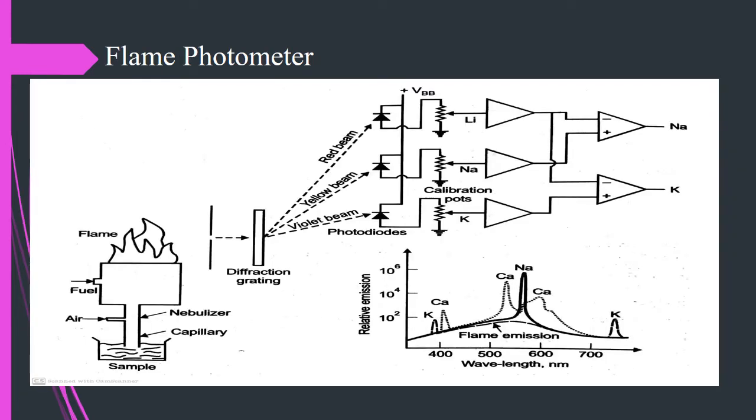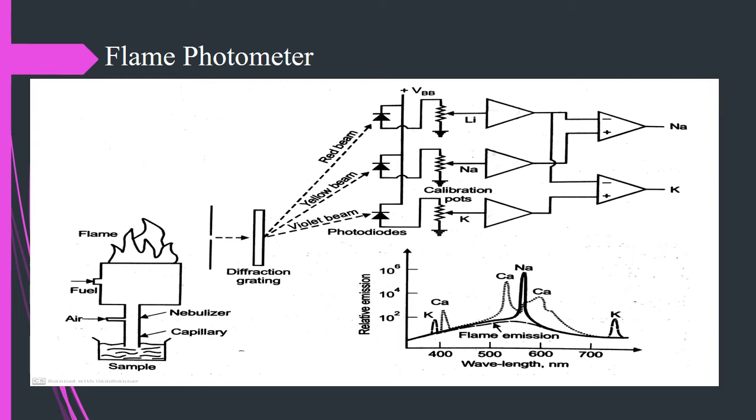The last one is going to be the flame photometer. The flame photometer is used to analyze urine or blood in order to find out the concentration of potassium, sodium, calcium and lithium. A known amount of lithium is added to the sample and the emitted light intensity of the sample under analysis is measured relative to that of lithium.